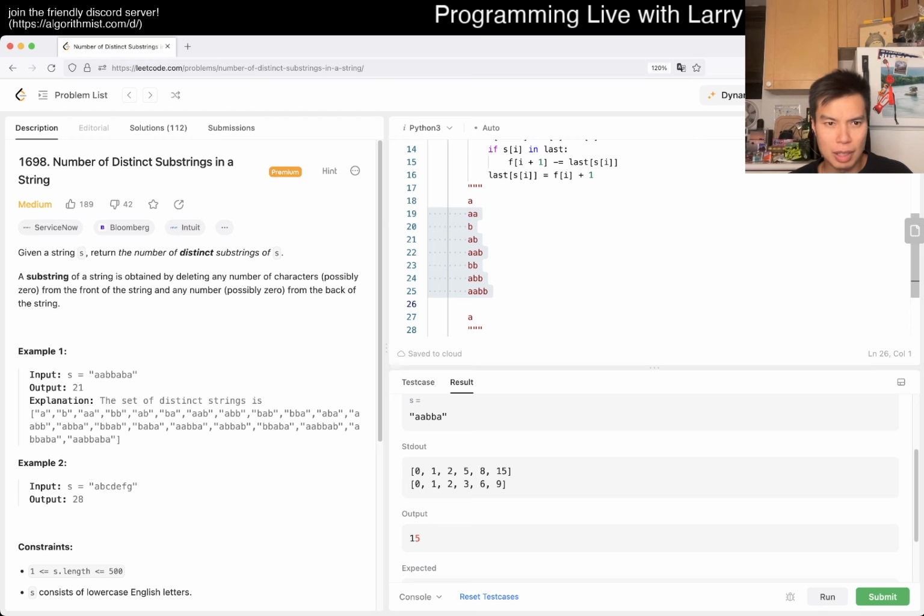Why is this 12? Did I misunderstand this part? You add A to all these suffixes, it's going to be a new string, right? I am an idiot. I am solving the wrong problem. I'm doing subsequence and this is a substring.